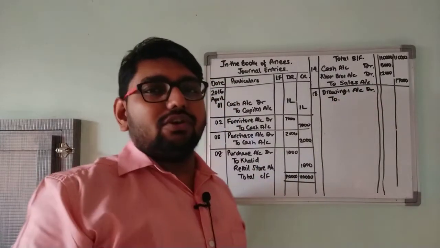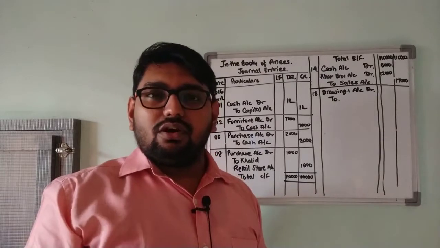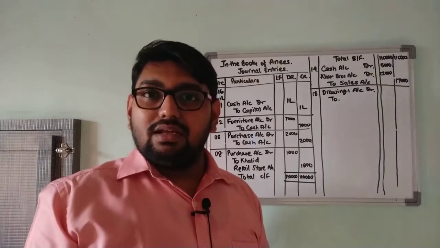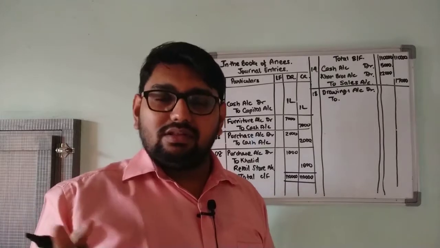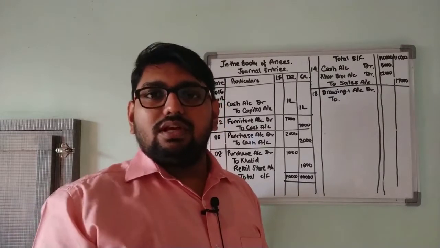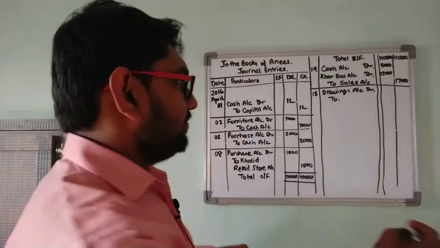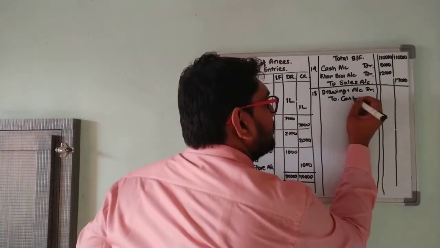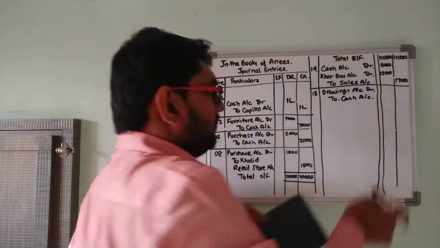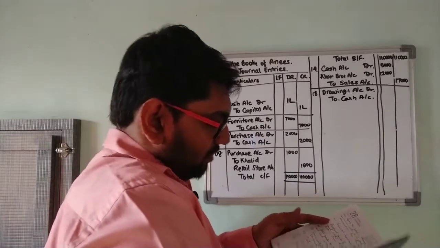Now the owner can withdraw anything, cash, goods, or he can withdraw from bank as well. But here nothing has been given. So I will assume that the owner has withdrawn cash. So to cash account, and the withdrawal amount is 2,000.